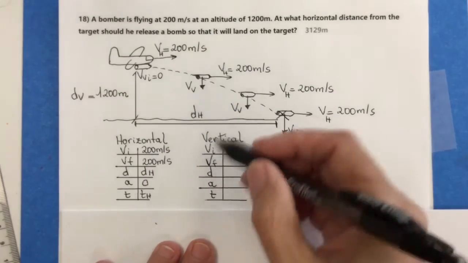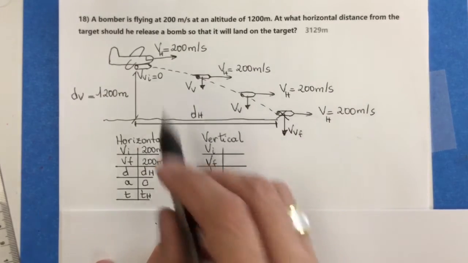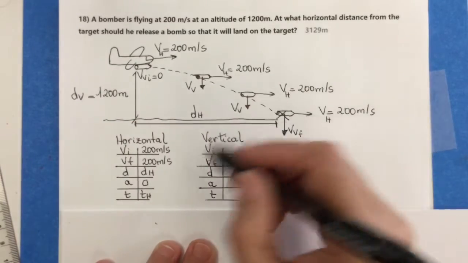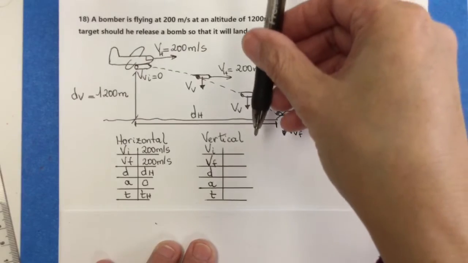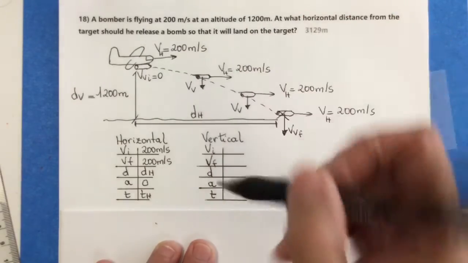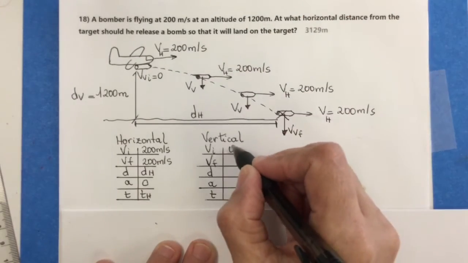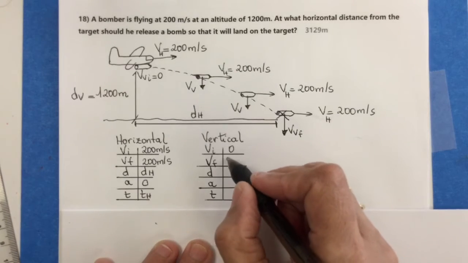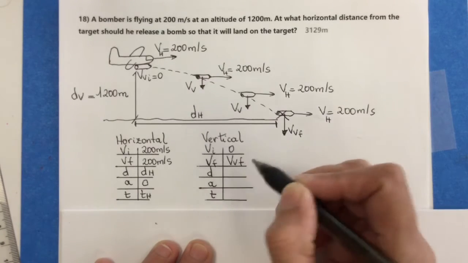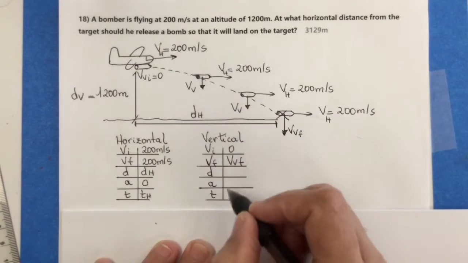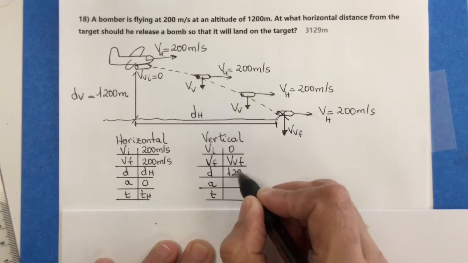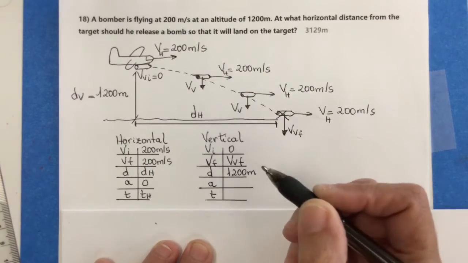So now let's complete our vertical table. You have to see this as a vertical motion when it's dropped. Our initial velocity is 0, final velocity is VF. Our vertical distance here is 1,200 meters.